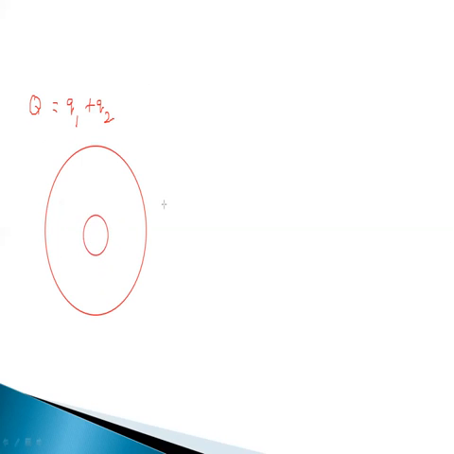Let me consider this is the inner sphere. Now the radius of the inner sphere given is small r. The radius of the outer sphere is given as capital R according to the question. And let me consider the total charge is divided into two parts. Q1 is given to the inner sphere and Q2 is given to the outer sphere. Okay. Now one more piece of information is given. What is that? The surface densities are equal.